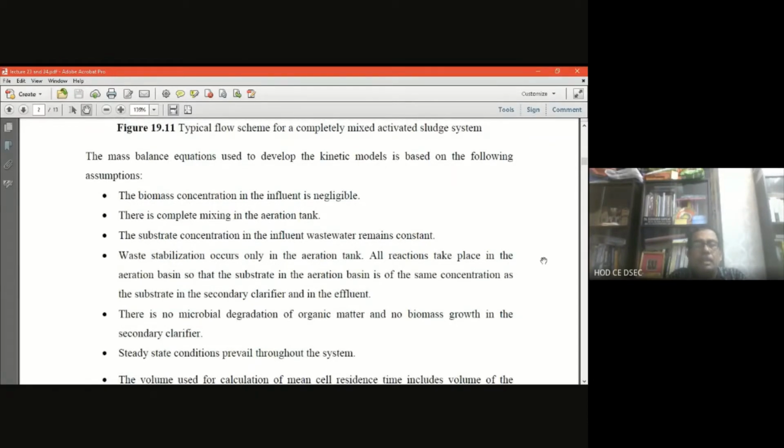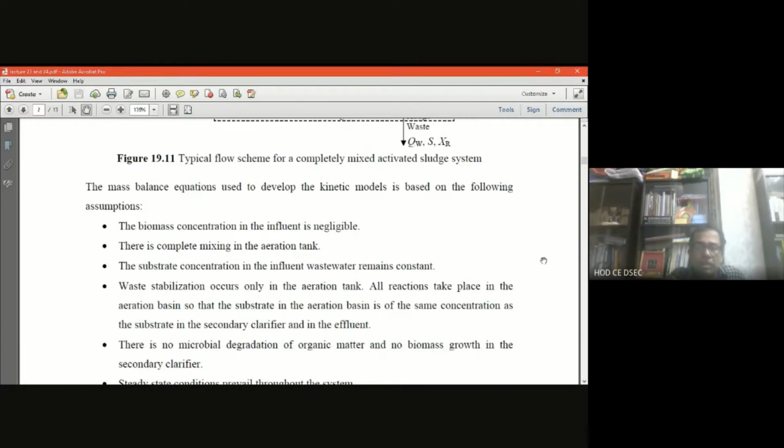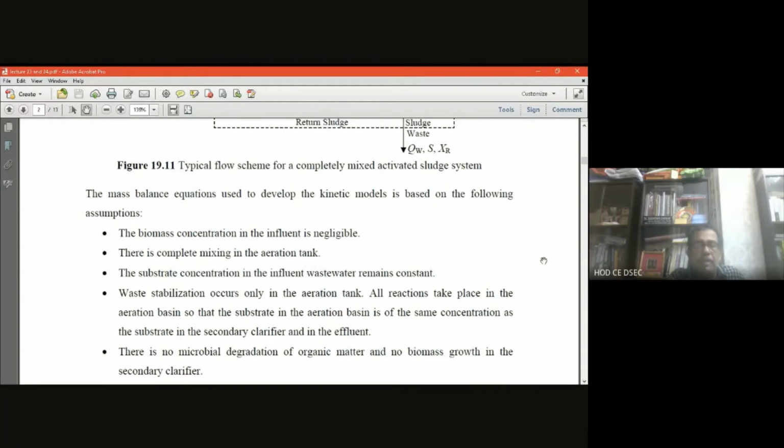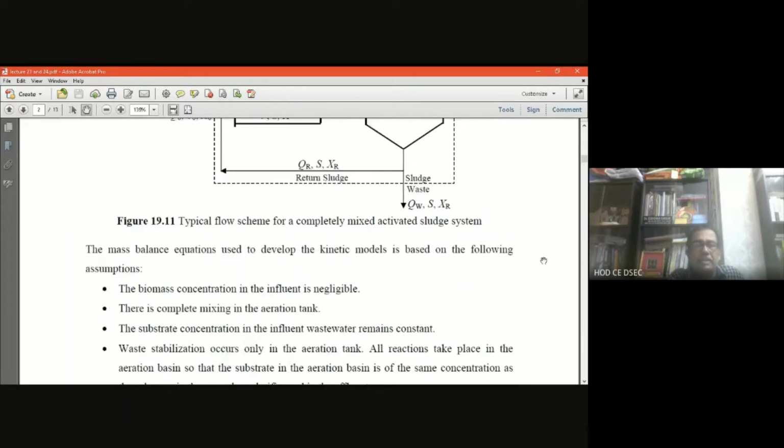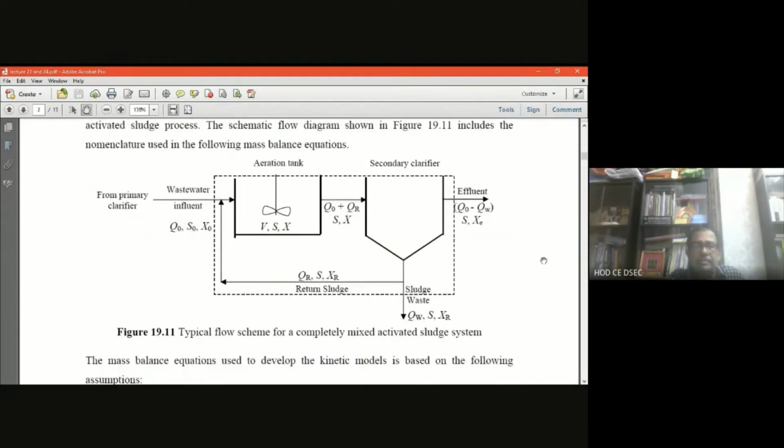Waste stabilization occurs only in the aeration tank. What does it mean? Technically, whatever oxidation takes place, whatever biodegradation of the organic matter takes place, is happening in this reactor, the aeration tank itself. Stabilization occurs only in the aeration tank.